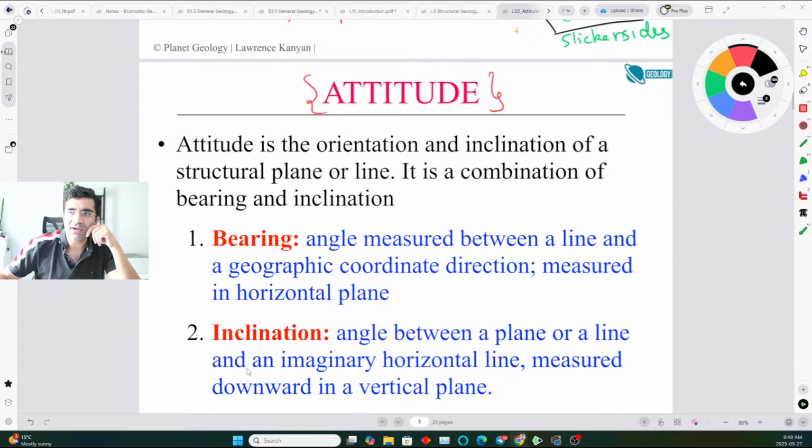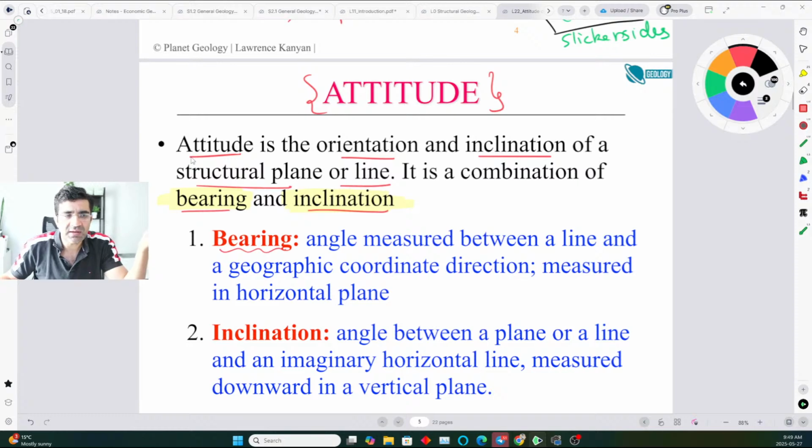What do you mean by attitude? So attitude is the orientation and inclination of a structural plane or line. It is a combination of bearing and inclination. So these are two important terms: bearing, inclination. What do you mean by these two terms?